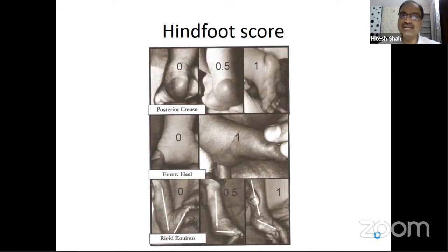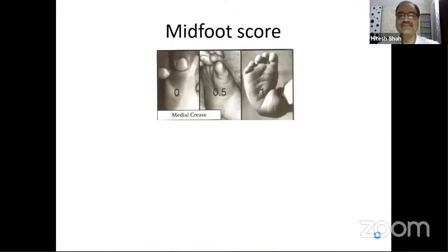In rigid equinus, if we cannot do any dorsiflexion, then it is 1. If the patient can passively dorsiflex more than neutral, that is 0. And if one can achieve neutral, or 90 degrees between the tibial axis and the foot axis, it is 0.5.